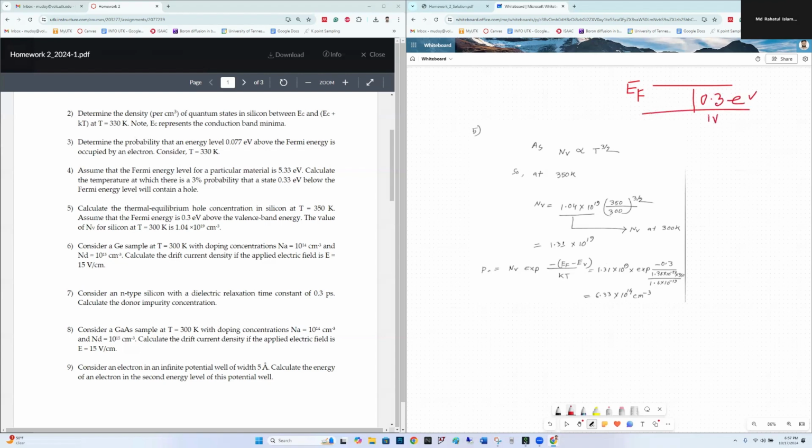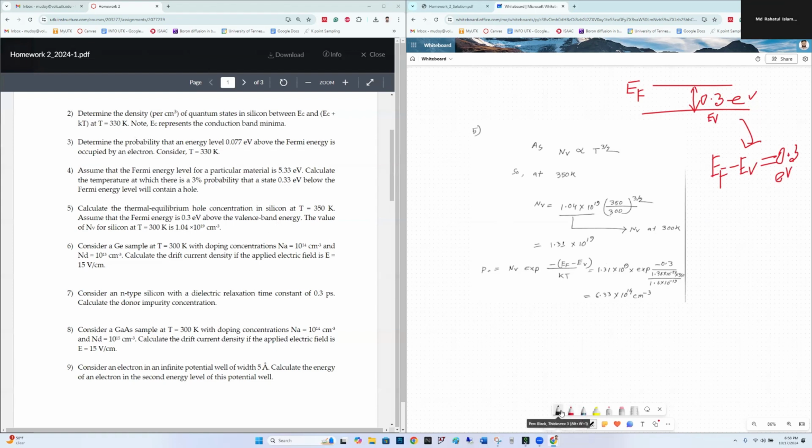So this is the valence band, and the Fermi energy level is 0.3 electron volt above the valence band energy level. That's what is given here. So we can write EF minus EV is equal to 0.3 electron volt, right? Let's focus on what is required.